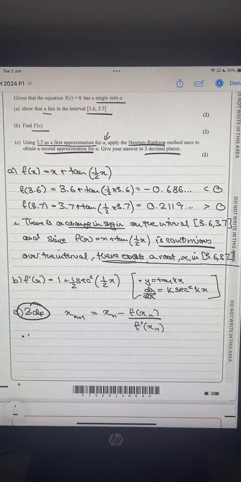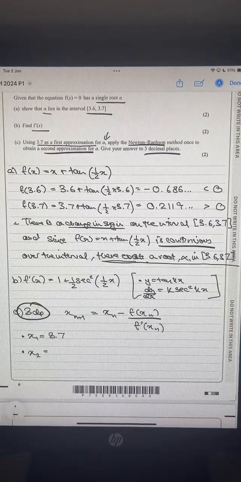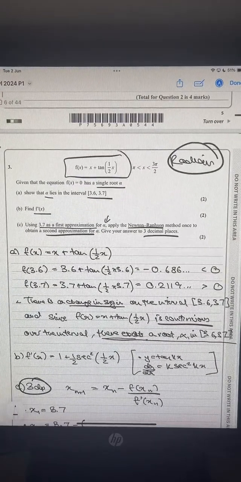So we know that x of 1 is equal to 3.7, and we just follow an iterative process. x of 2 is equal to, and we just need to find a second approximation because this is the first. So we just need to do this once. 3.7 minus, and then f of x of n, well, we know that is this thing up here.